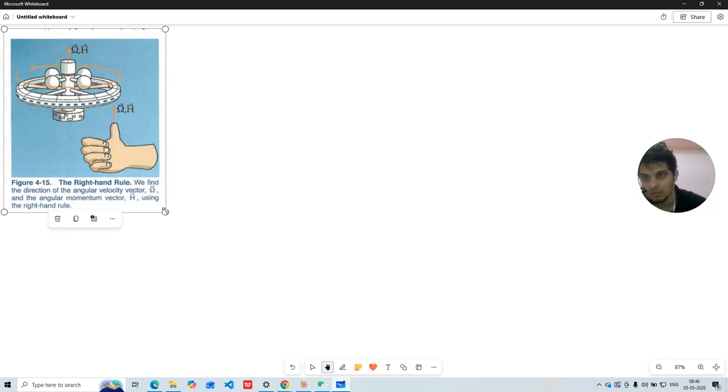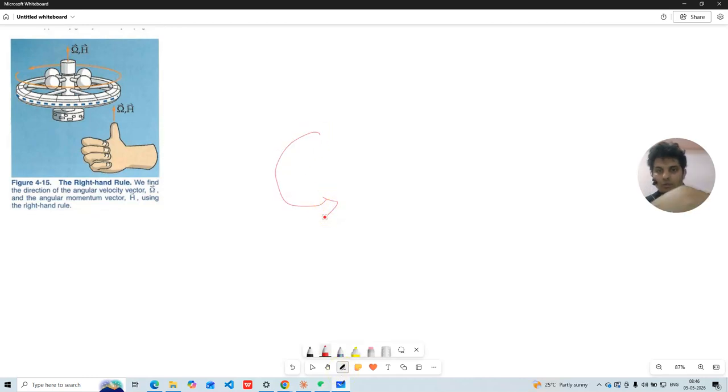Okay, like this. If we curl our fingers in the direction of the angular velocity, for example, there is a top rotating in this direction. Because this is a 2D screen, if I put my fingers curled around, I see the thumb pointing towards me, so that is the direction of the angular momentum.